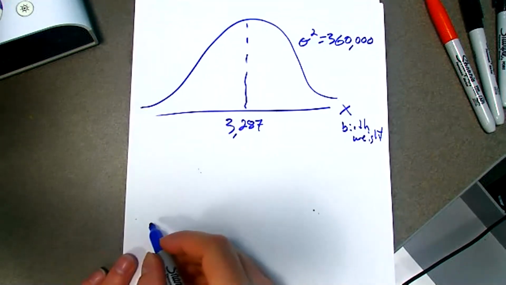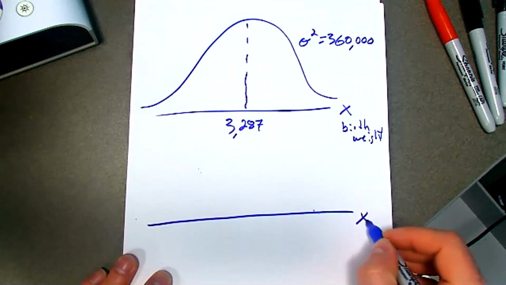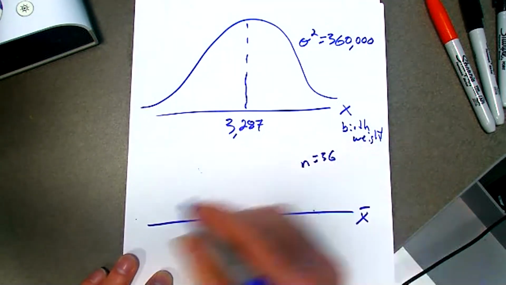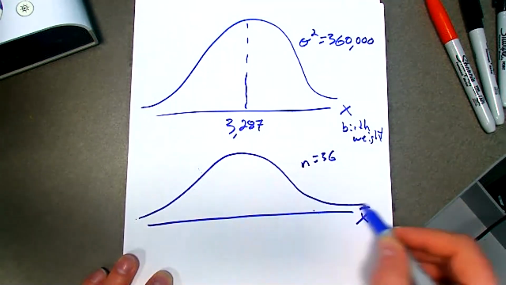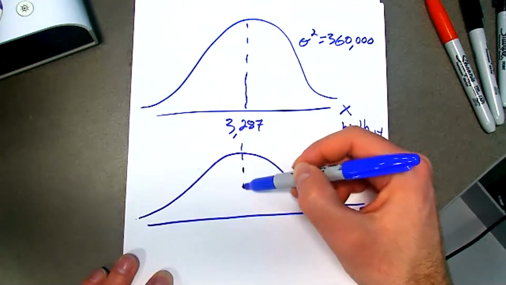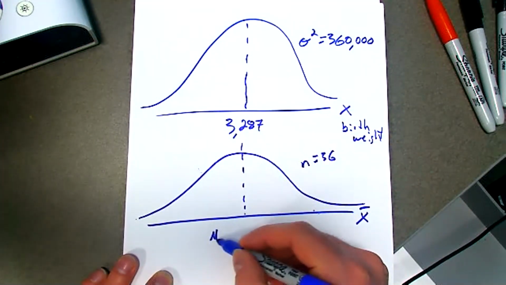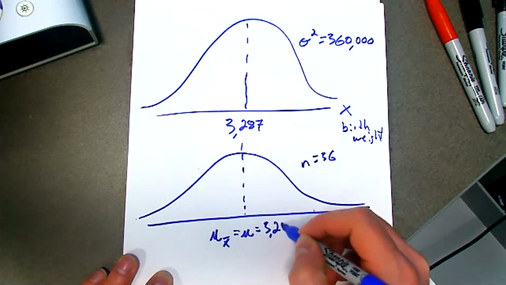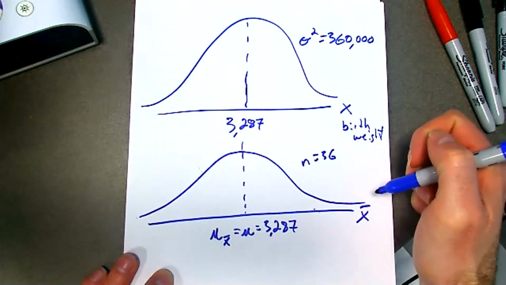So essentially there's now a distribution of sample means. If I take samples of size 36, the mean of my sample means is whatever the population mean was, which here was 3,287.